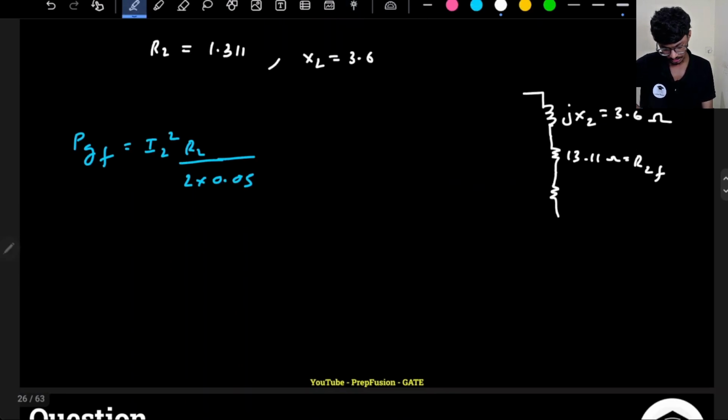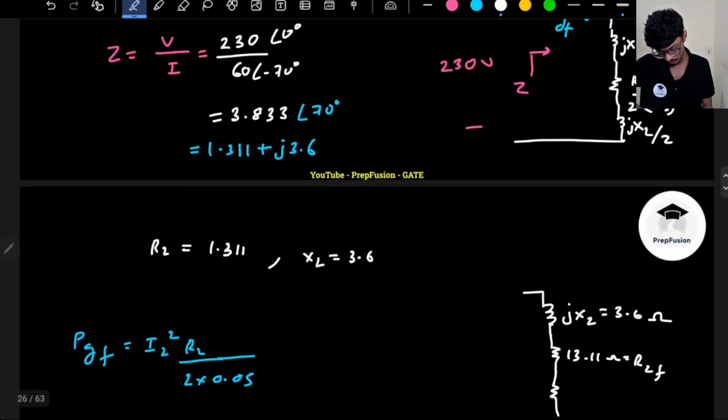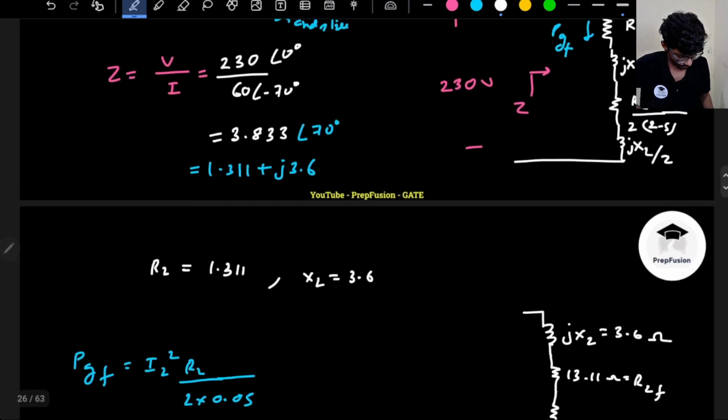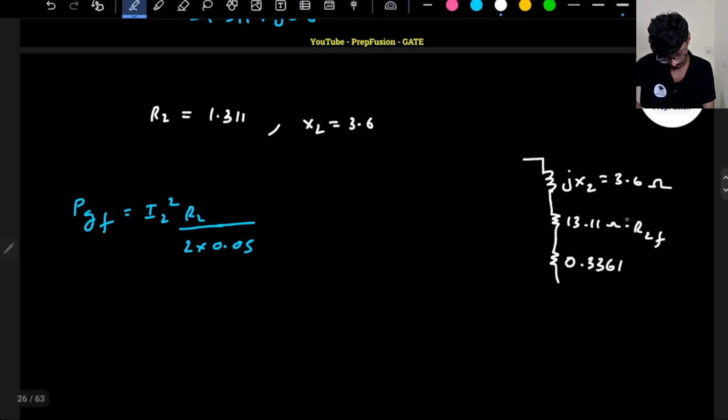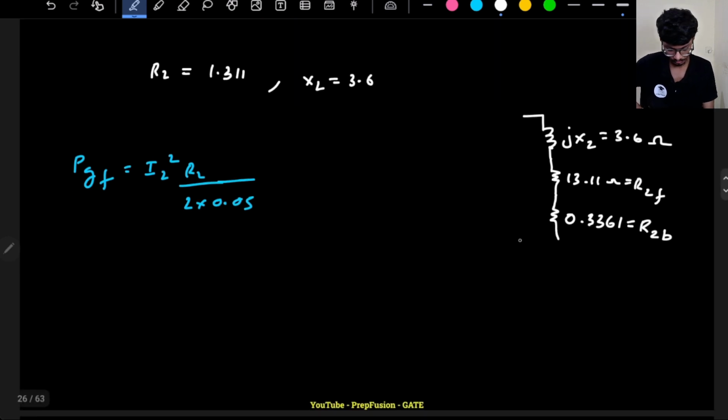So if you calculate the backward field resistance, it will come out to be 1.311 divided by 2 divided by 2 minus s, so divided by 2 minus 0.05, so it comes out to be 0.3361 ohms. Okay, so this is my R2 back.